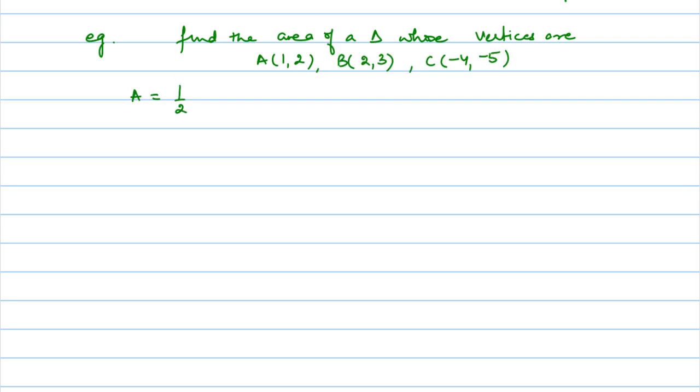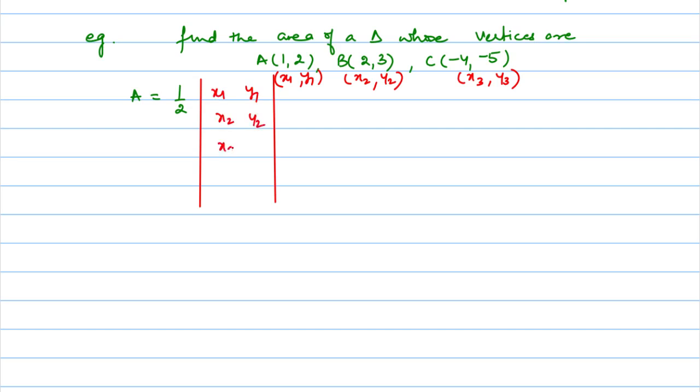Let's say this is x1, y1, this is x2, y2, and this is x3, y3. So we should draw this structure. We can start from any of the points. Let's say we start with x1, y1, x2, y2, x3, y3, and we end at the point where we started, x1, y1.